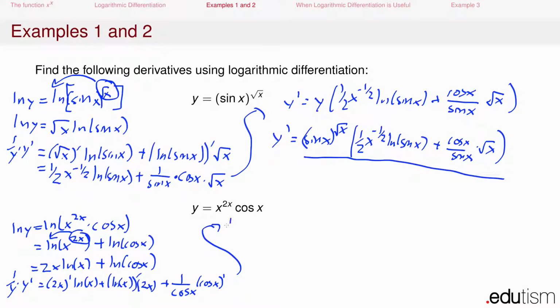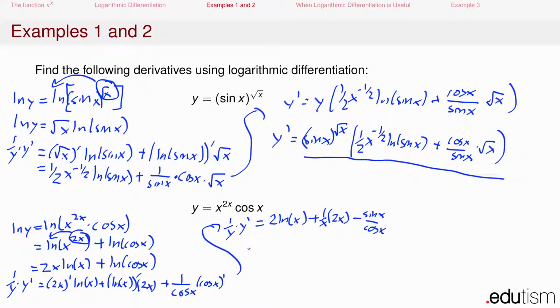So to continue, we get that 1 over y times y prime is going to equal: 2x prime is 2, times ln of x. ln x prime is going to be 1 over x, multiplied by 2x. Cos x prime is going to be negative sine x. This gives you minus sine x over cos x.